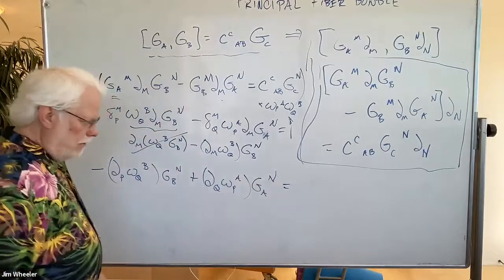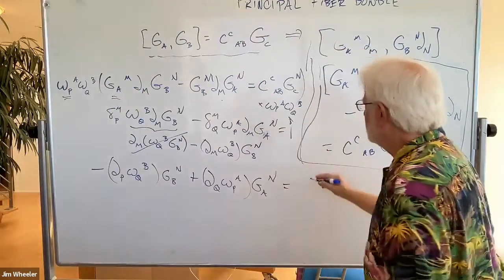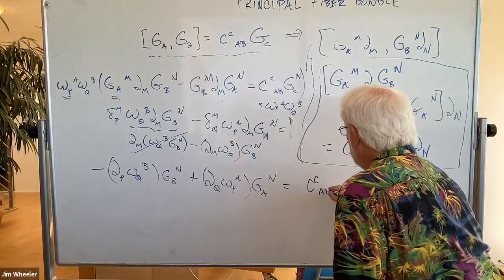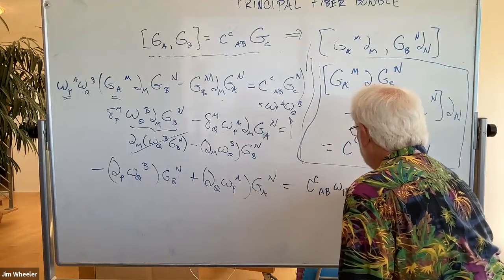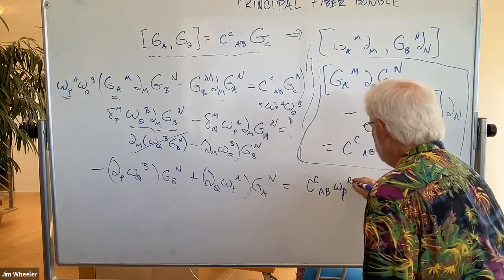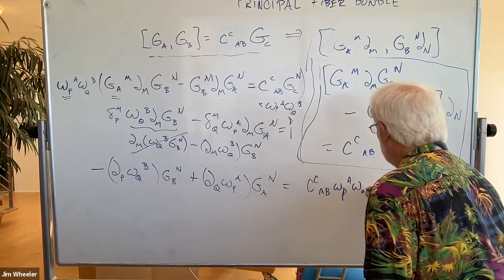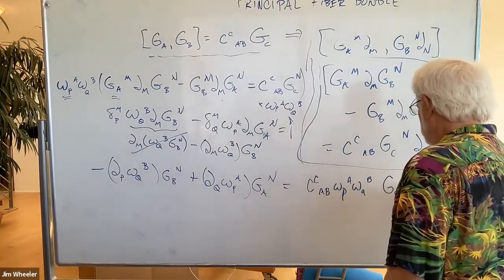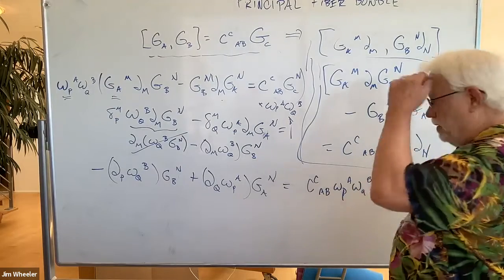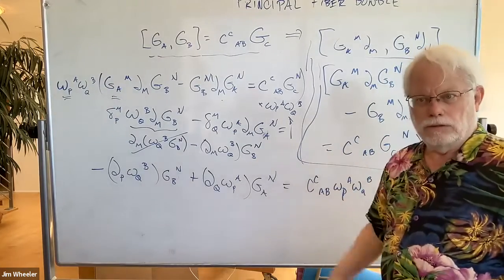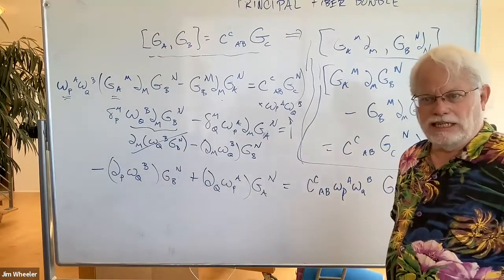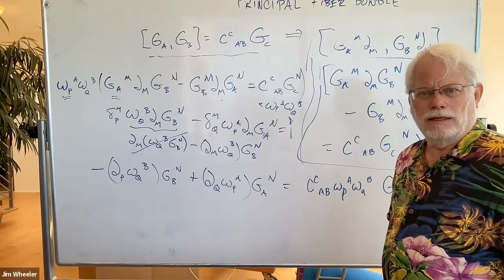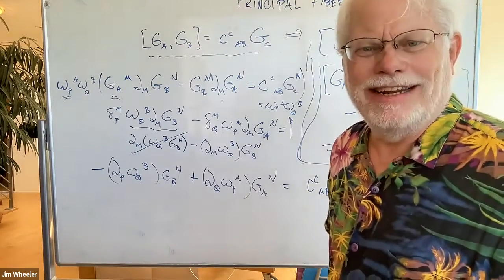All of that is equal to this side, C^C_AB omega_P^A omega_Q^B G_C^N. Okay, we on the same page here? Question about it?